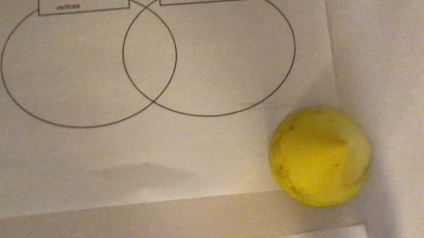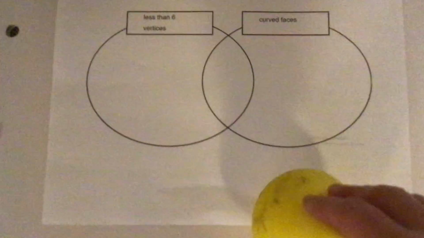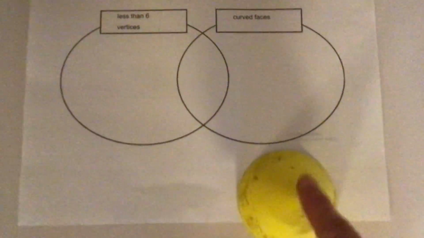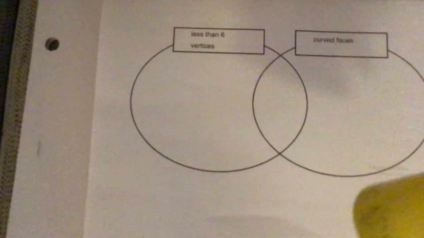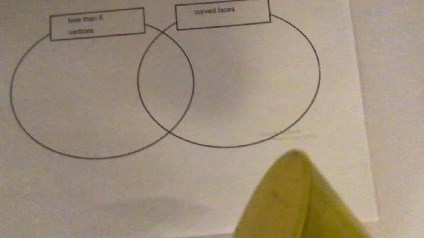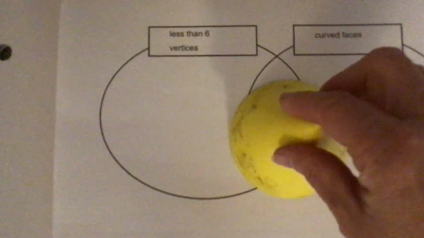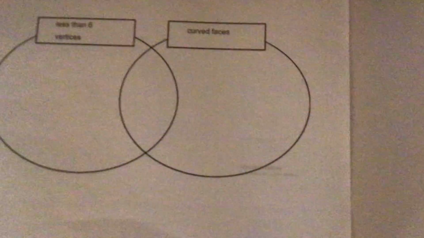See, this is a cone. Okay, so does it have less than 6 vertices? Well, it only has that one. Yeah, so it definitely belongs over there. But this one also has curved faces, so that one's going to go in the middle there, both. Yeah.